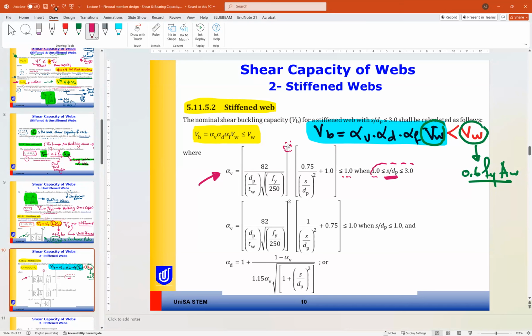So if S over dB is between 1 and 3, this is our alpha V.